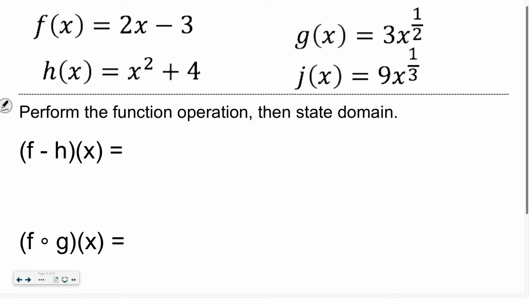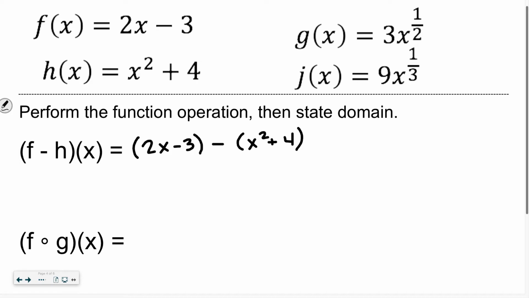f of x is 2x minus 3, and I'm subtracting h of x, which is x squared plus 4. Notice I like to protect my functions with parentheses just in case I need them. If I don't need them, then no big deal, I can ignore them.